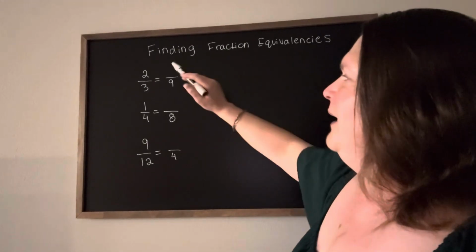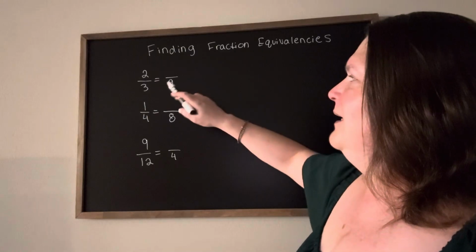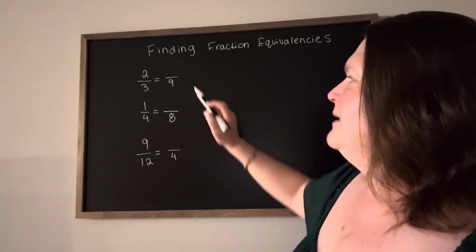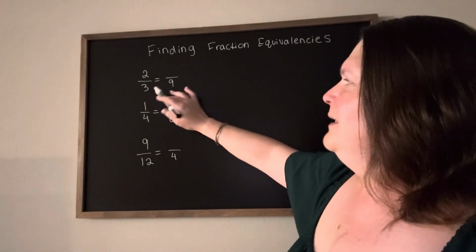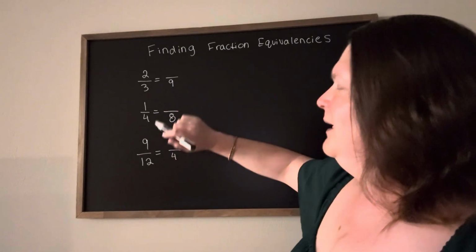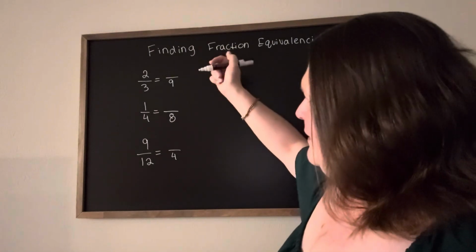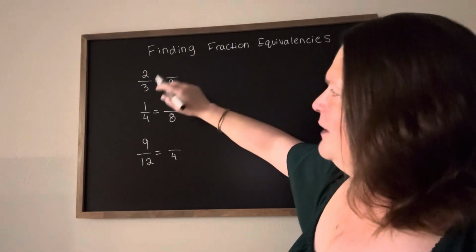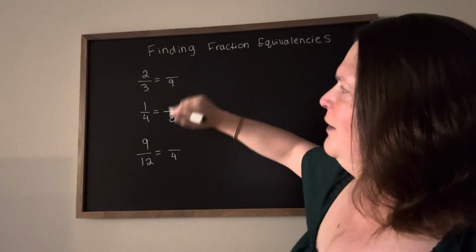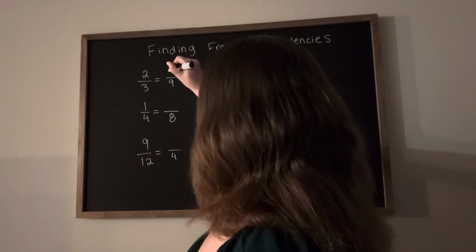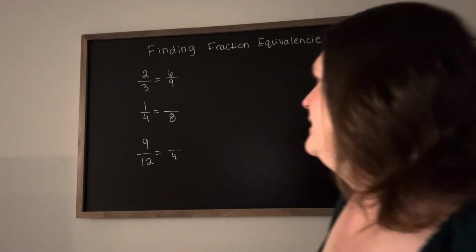So here we have 2/3 equals something over 9. We could say that 3 times 3 equals 9, so 2 times 3 equals what? We're going to multiply this fraction by 3 over 3, and that gives us 6/9.